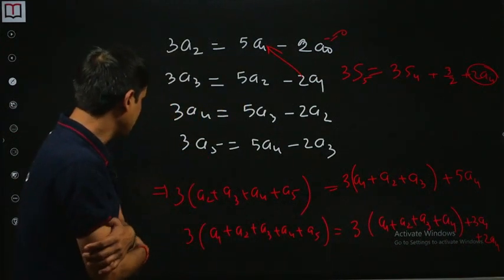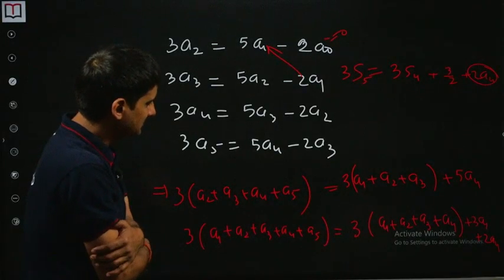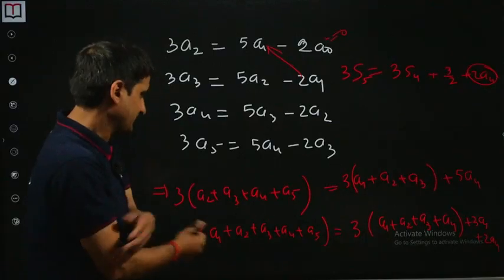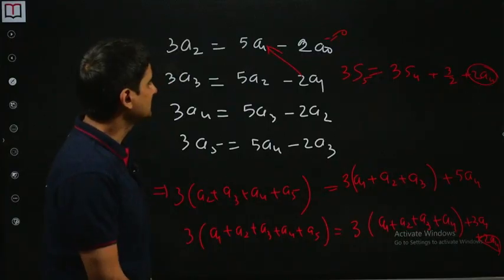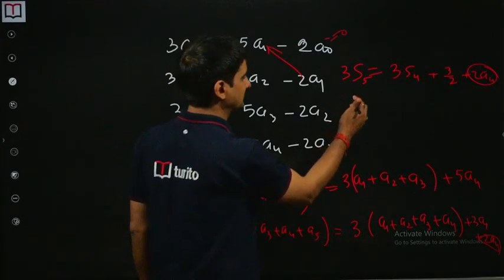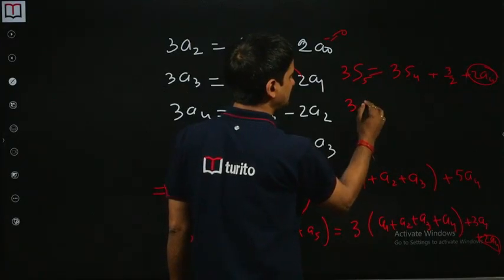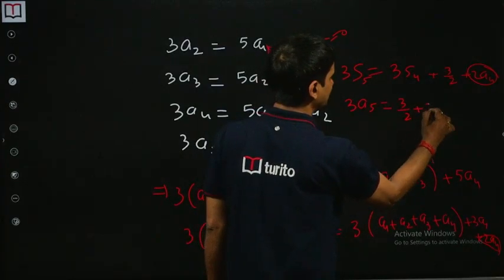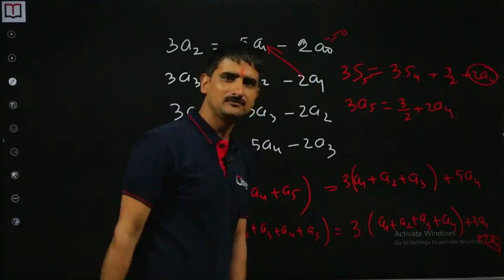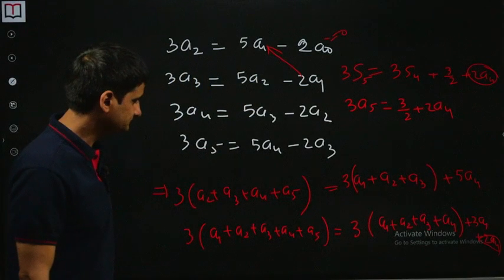But then the problem is that we need a4 here, isn't that? So we need a4 here. So 3s5, we got 3a5 is equal to 3 by 2 plus 2a4. Then that didn't help, no, bacho.